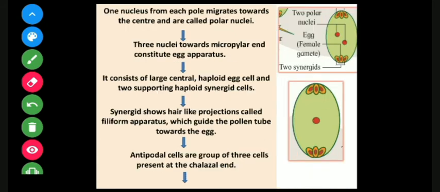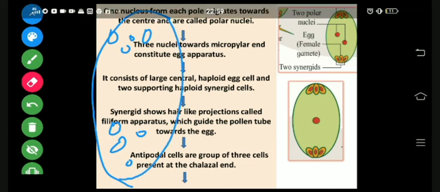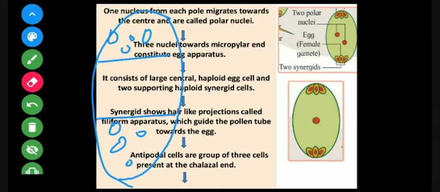Okay, so what will happen further, you can see here. The 8 nucleated structure will form. See here first 1 2 3 4, and below 1 2 3 4, like this. At the opposite poles in the embryo sac, 4 nuclei will form towards each pole. But what happens further, from these 4 and 4 nuclei at the opposite poles, one nucleus will migrate to the central position.